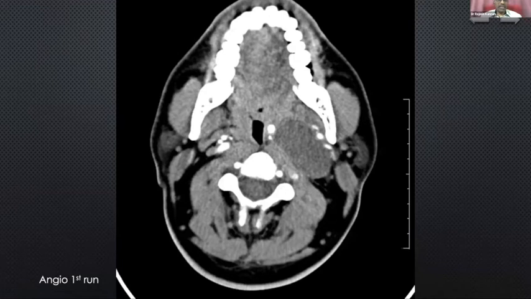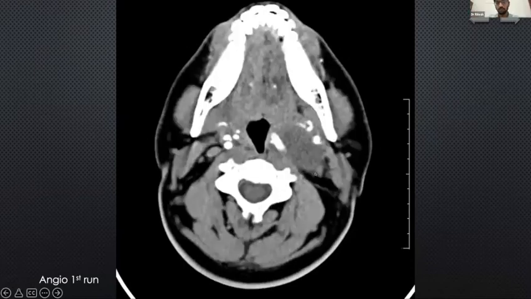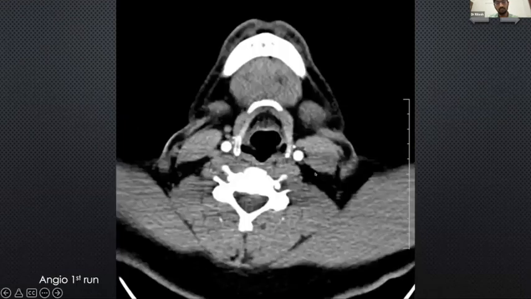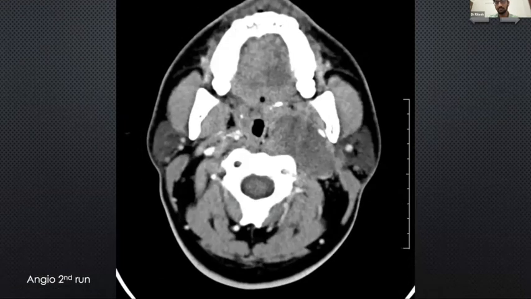Clinically, the patient has atrophy, and on CT also it shows some atrophy with fat infiltration. So you have to think whether it can be from the hypoglossal nerve. Yes. And the other possibility is the sympathetic trunk.